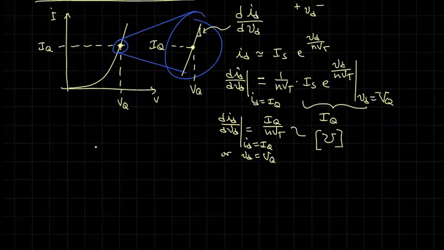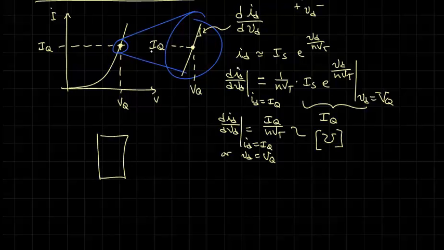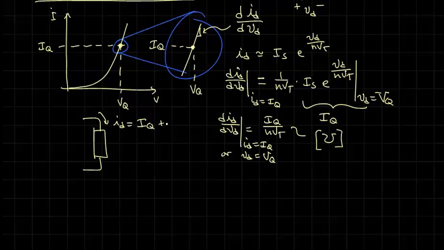So if this is our diode, and we have some incremental current, I'm going to put a little squiggly over it. Let's say we have ID equal to IQ plus some small incremental amount of current.